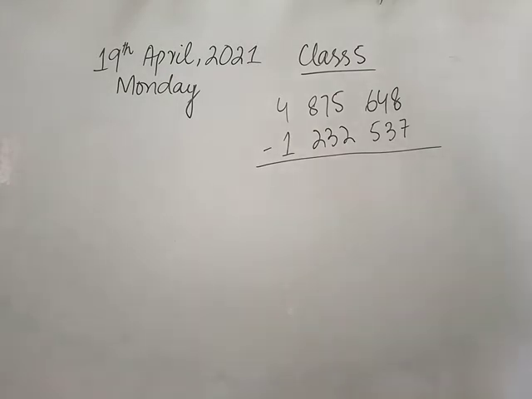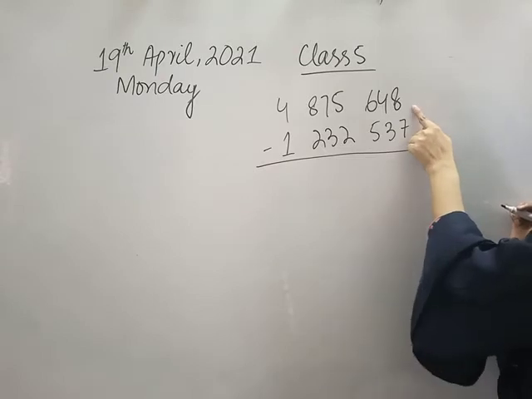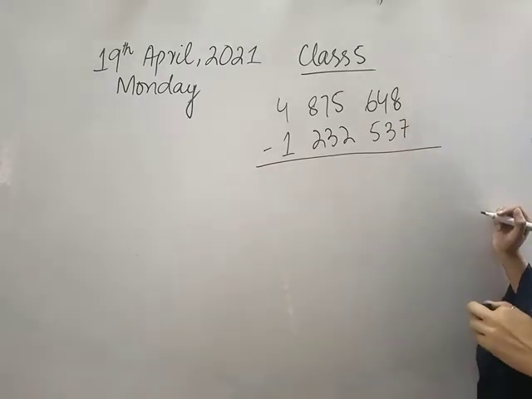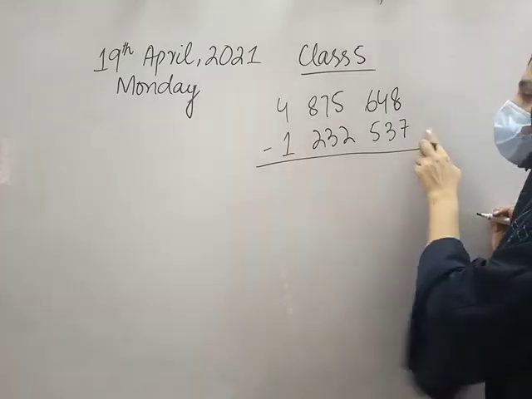My first number is 4 875 648 and my second number is 1 232 537. Fine class? Okay. Now I am going to start from the right side, because you all know whenever we have to solve a subtraction or addition we will start from the right side.